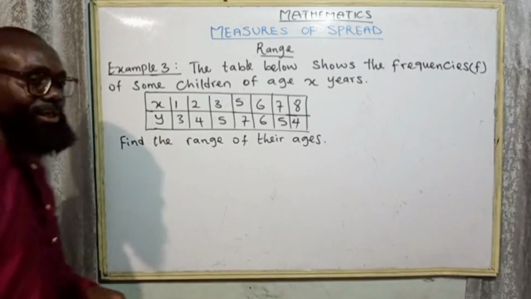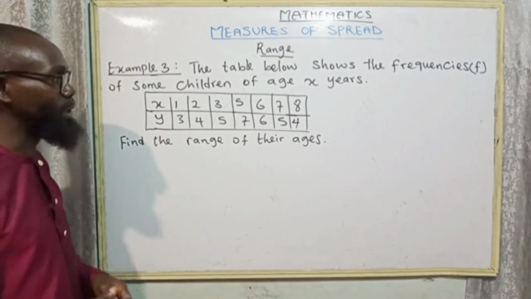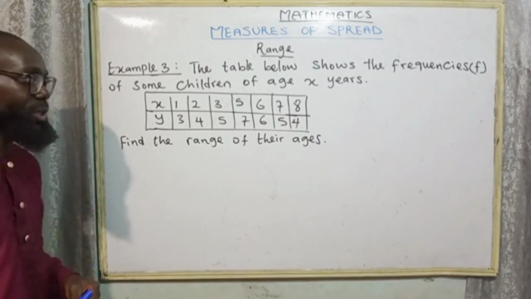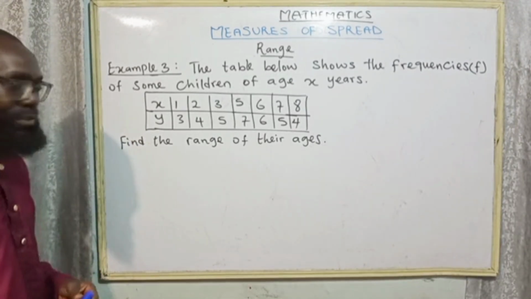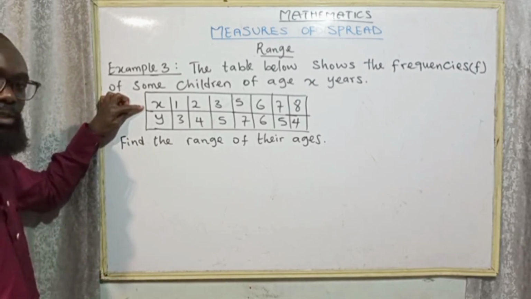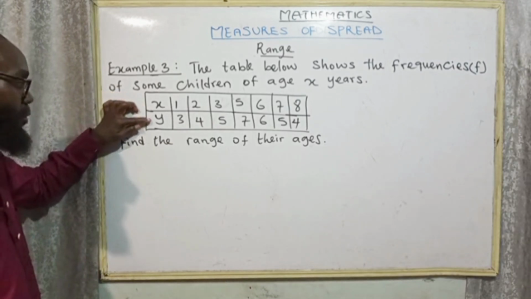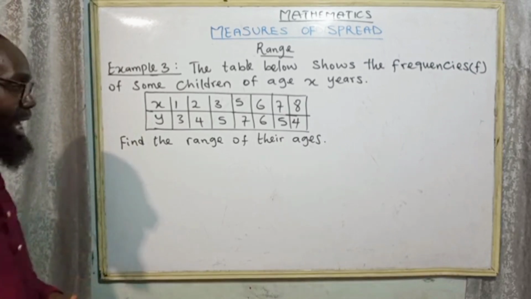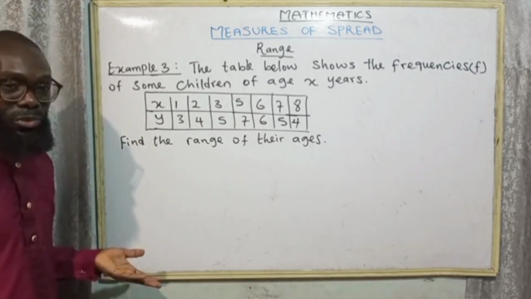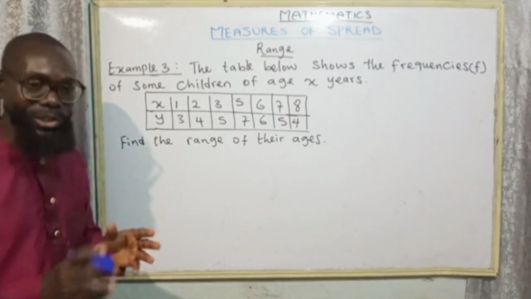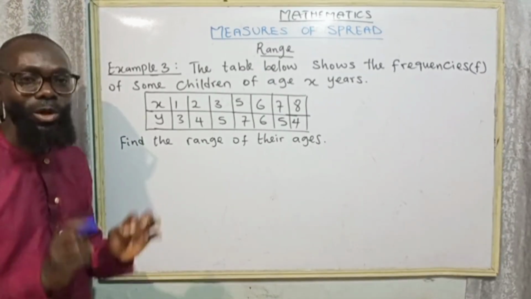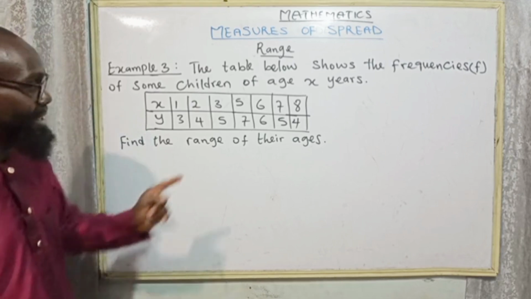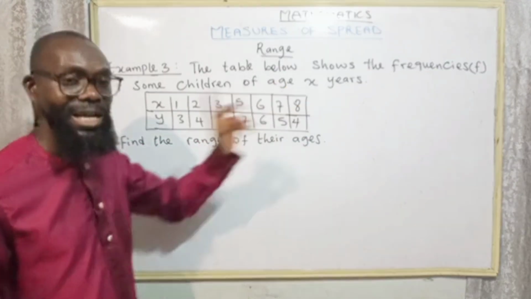Example 3. The table below shows the frequencies f of some children of age x years. We have the ages of the children, they are the x, and we have the frequency, which is f. Now, find the range of their ages. This is very simple. Despite the fact that it's in a table, it doesn't affect the meaning of range. So that is checking the highest value of the age and the lowest value.